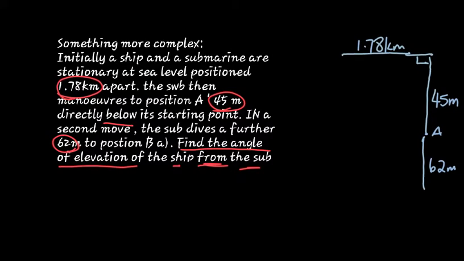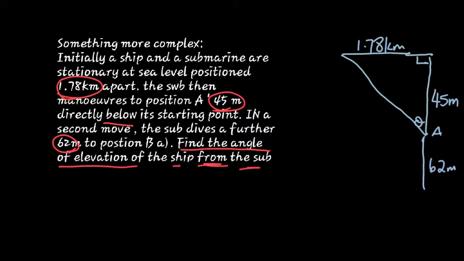Find the angle of elevation of the ship from the submarine when the submarine is at position A. Okay, so we're now looking at the angle of elevation of the ship from the sub. So we're looking at this angle down here. Is our first angle.